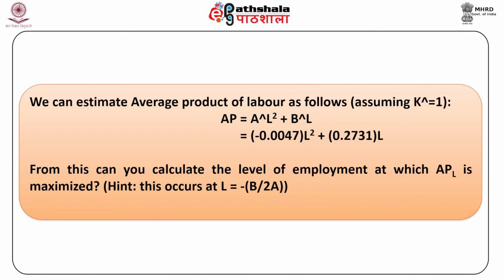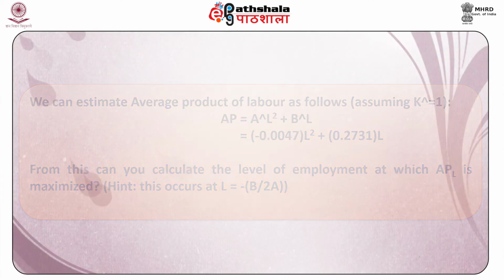Hint: this occurs at L = −B/2A. The model has a high R square, indicating that the cubic production function is a good fit for the given data for the firm. Also, we find that this production function displays the diminishing marginal returns to labor.